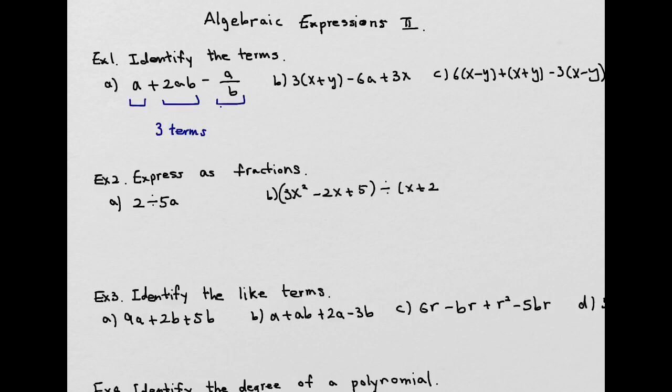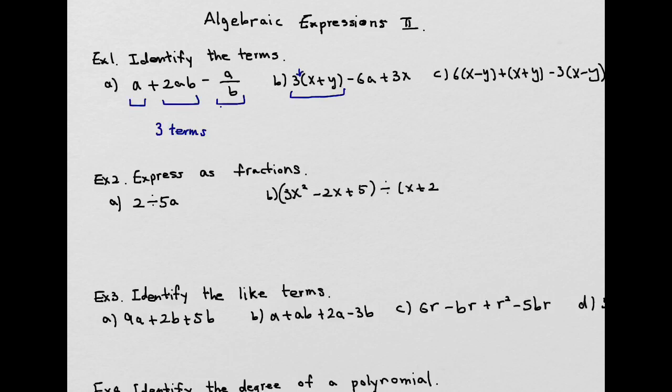What about the next one? If we're looking at the next problem, we have 3 times x plus y. I have addition right here, but the main sign is multiplication because you have 3 times something, right? So that is going to be 1 whole term. So this is going to be 1 term because you have multiplication between, right?